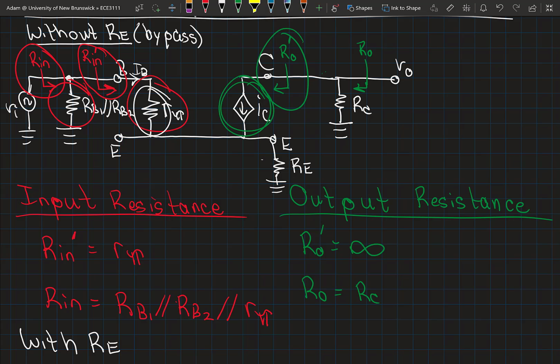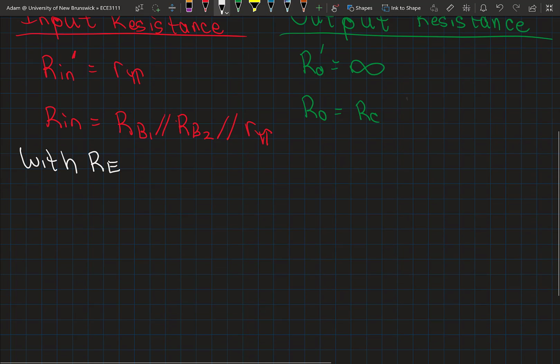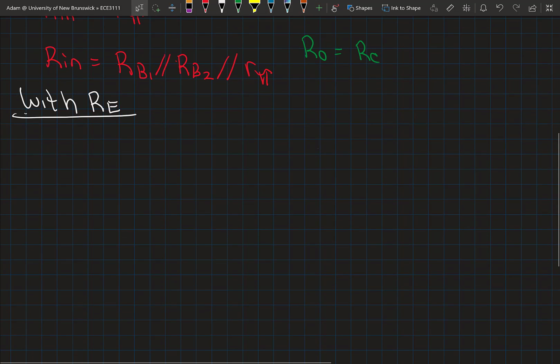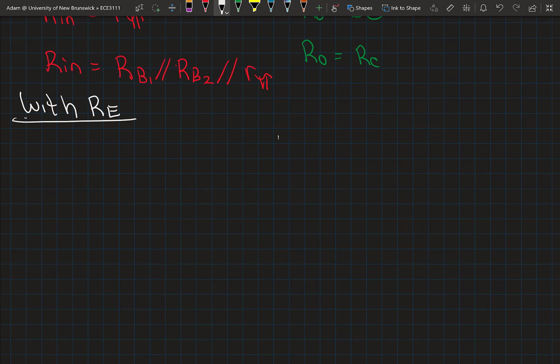So it's not straightforward to assess the input resistance using the hybrid pi model, because we have two different currents flowing through those resistors, and we have to account for that. Here we'll discover that it's actually easier to use the T model.